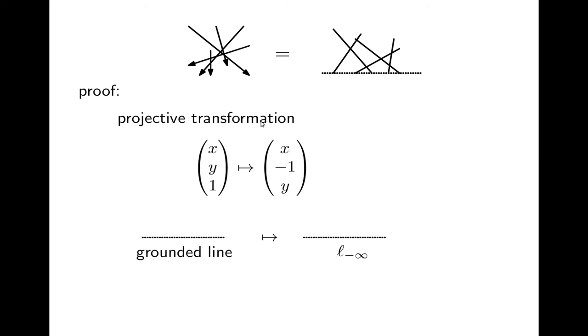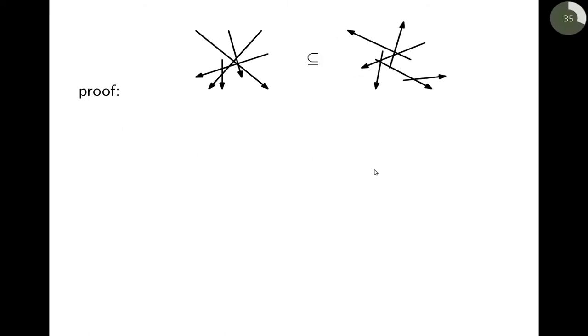And it's known that projective transformations are bijective, except some points go to infinity. This means that, for instance, this intersection will be seen somewhere there as well. Yeah, that's it. Okay, let's go to the next one.